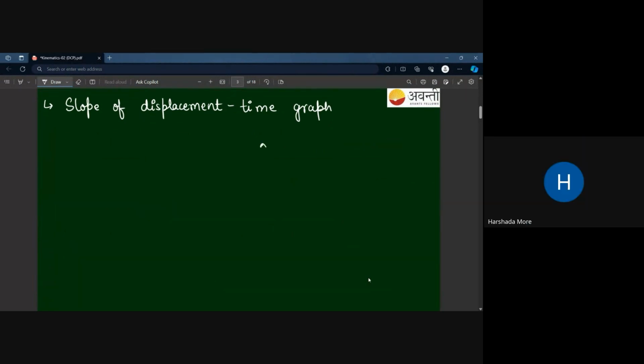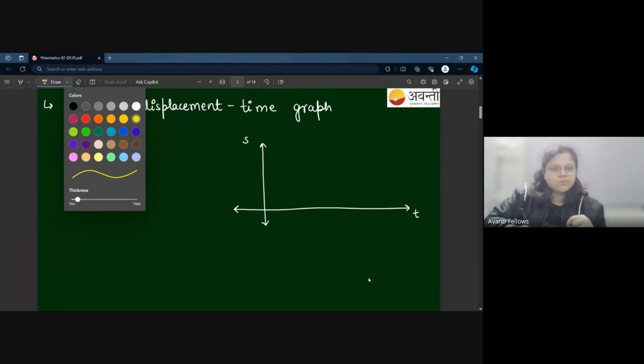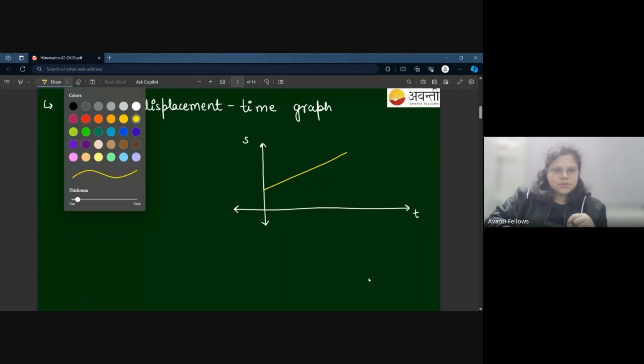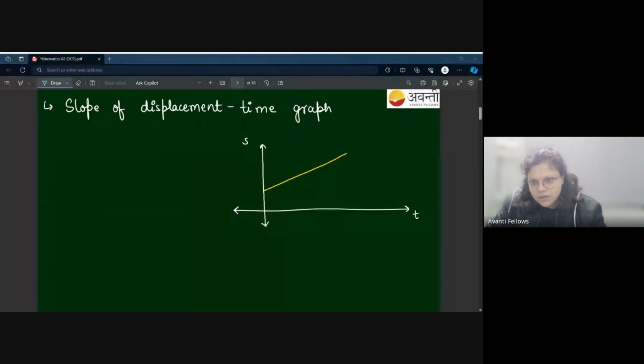For example, I have drawn something like this. This is S, this is T, and I draw something like this. So can you give me the idea about its slope? I think somebody raised their hand. Okay, Rishabh and Ramesh, will you answer?